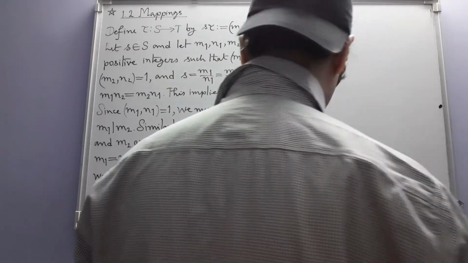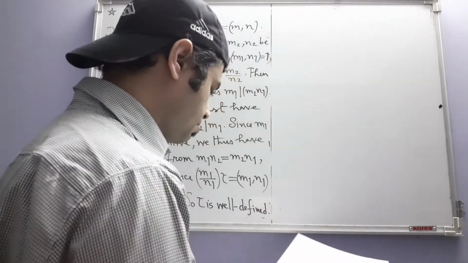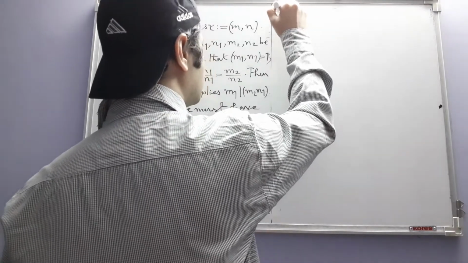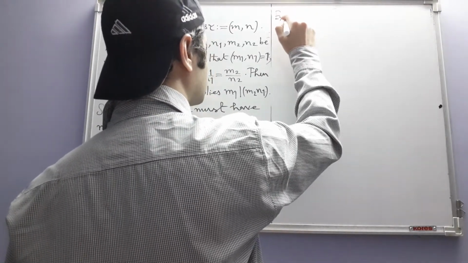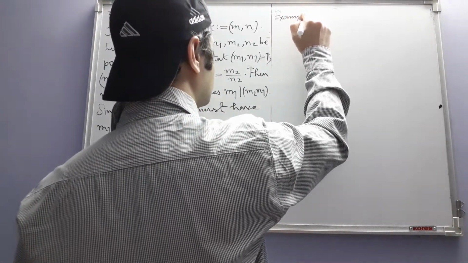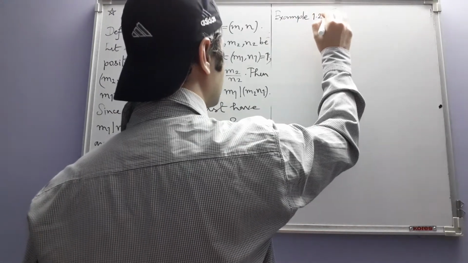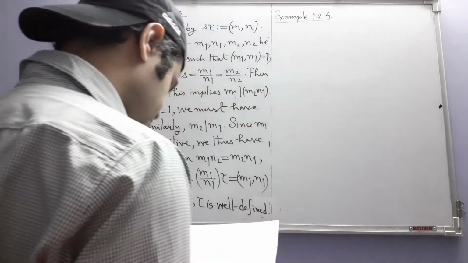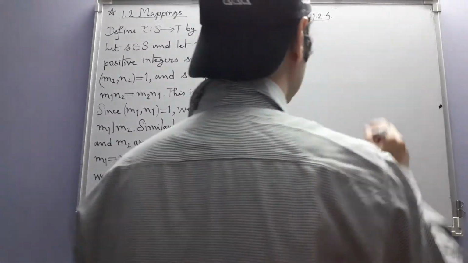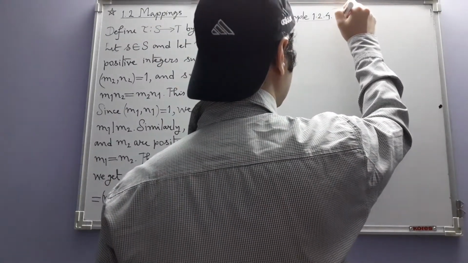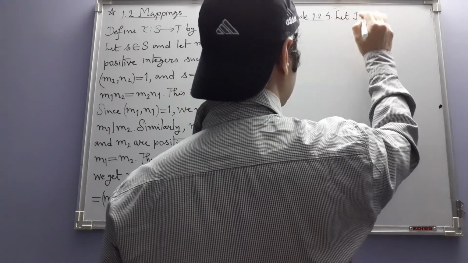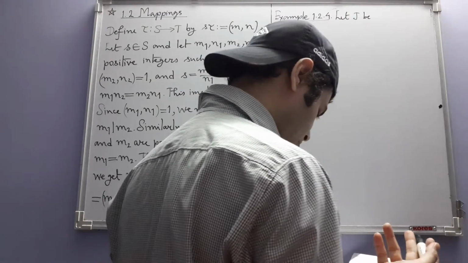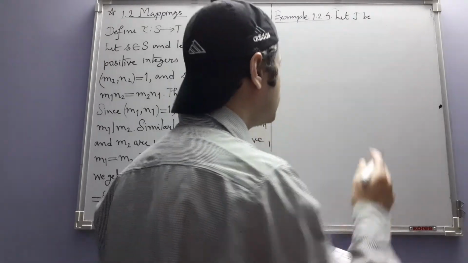Okay, so this was the third example. Now we come to example 4. Let J be the, we already know J is the set of integers. What is the need for writing it?